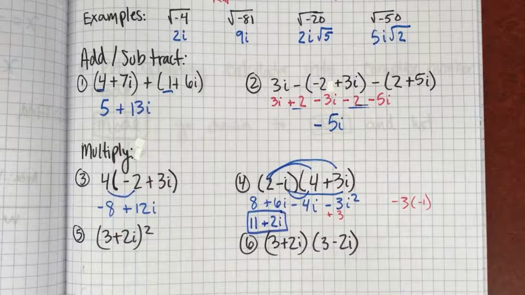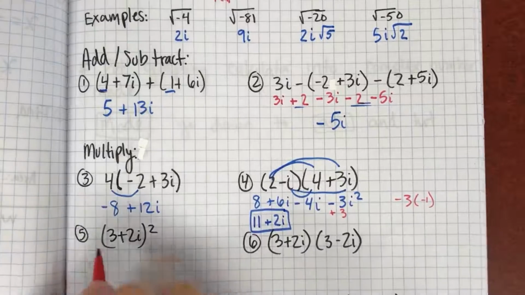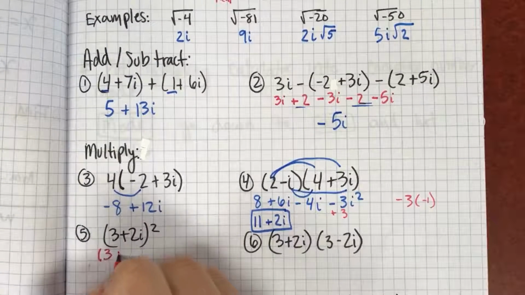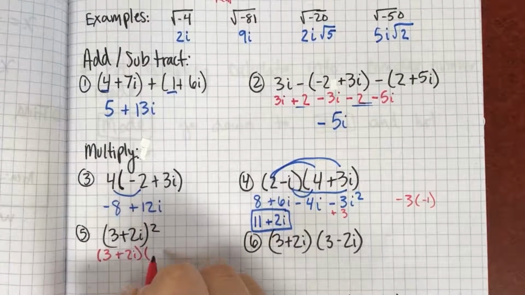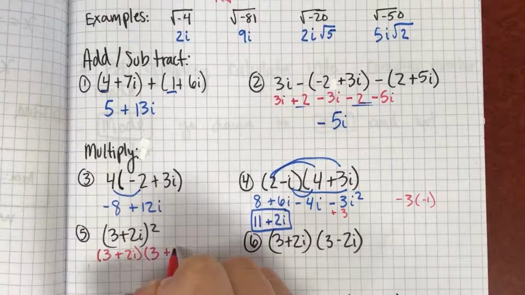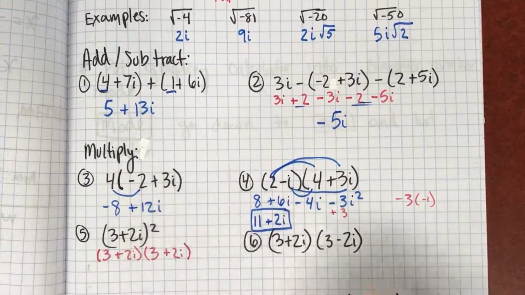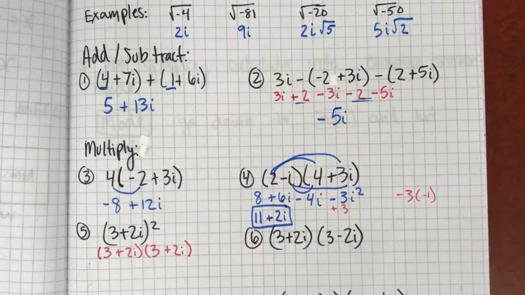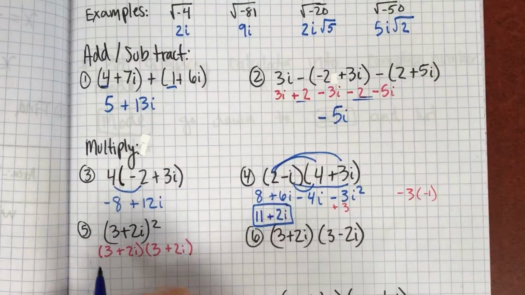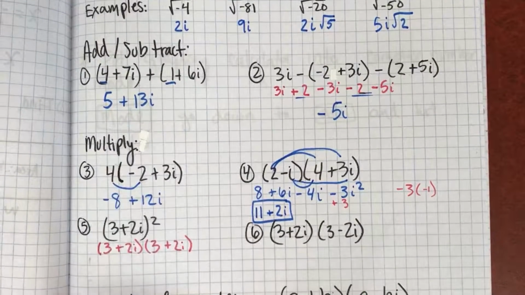When we square a number, remember, we have to write this out twice. You can't simply square each number. You've got to write it out twice and then do your double distribution.